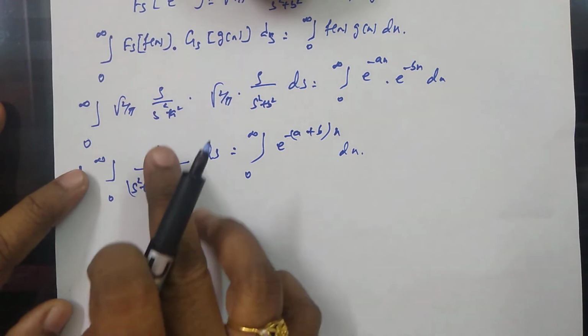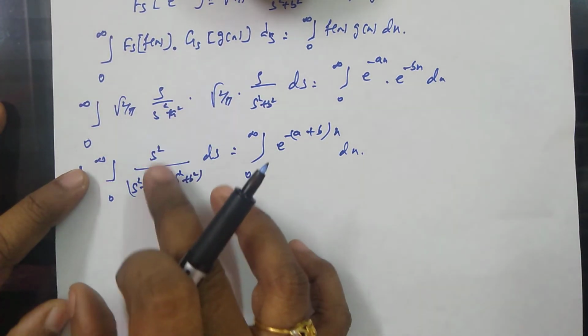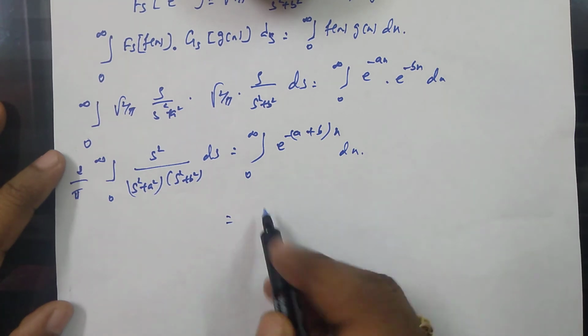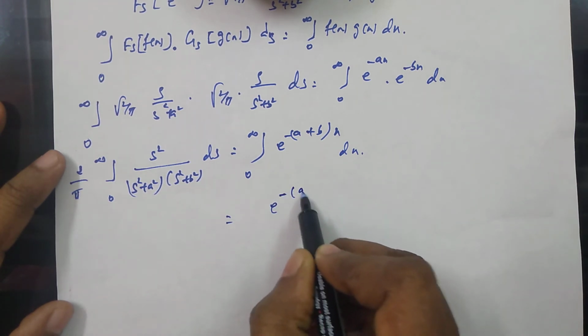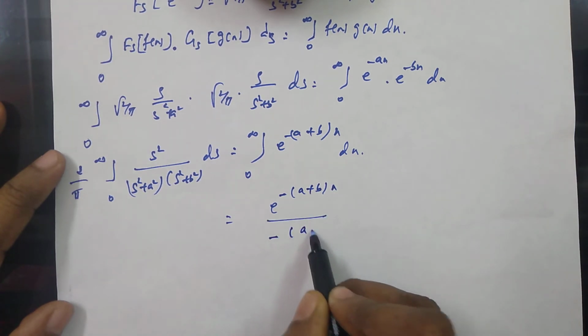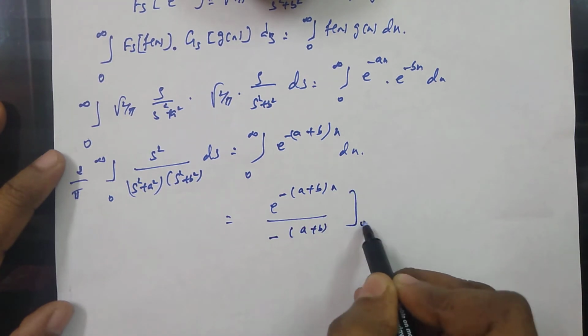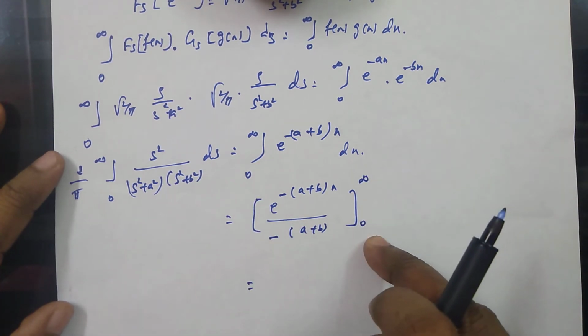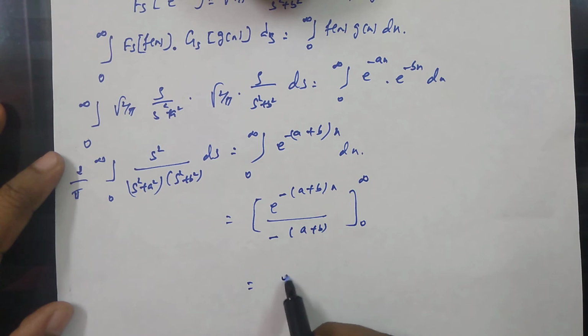So, now we have 2 by pi integral 0 to infinity s square by, but actually in the question we have integral 0 to infinity. So, we keep this as it is, and now we can integrate the right hand side, which is nothing but e power minus (a plus b) x divided by minus (a plus b), with the limit 0 to infinity. Upper limit is infinity, lower limit is 0. When applying the limits, e power minus infinity minus e power minus 0, divided by minus (a plus b).